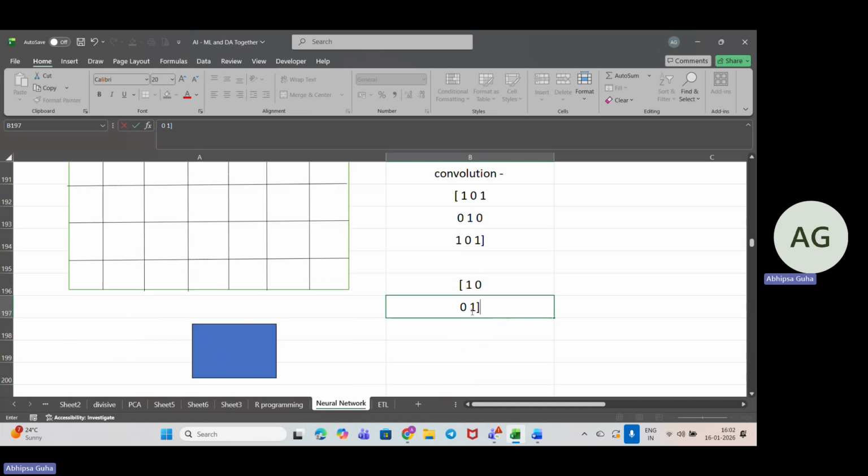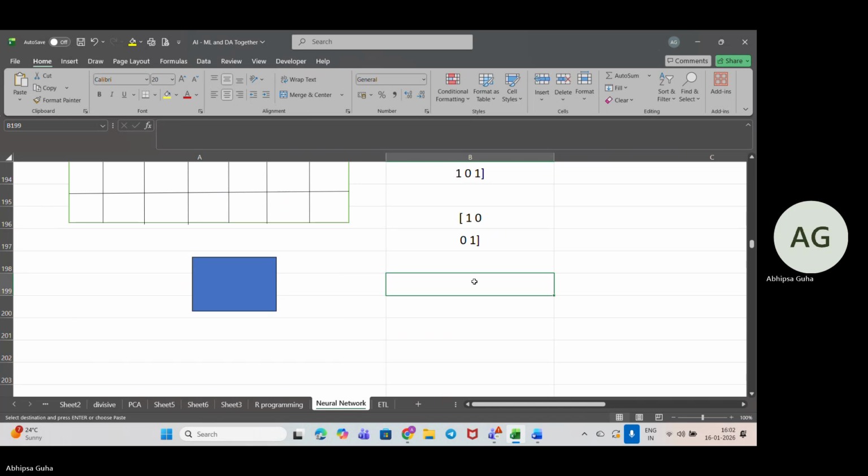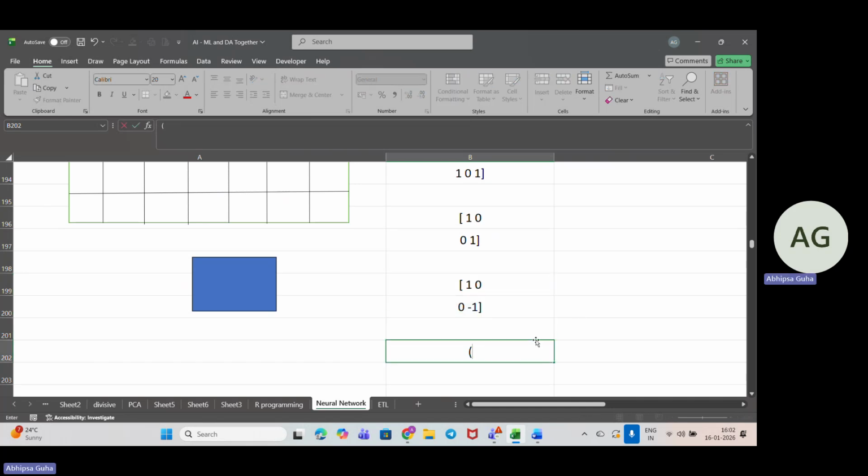I do item to item multiplication, because of the position. 1 with 1, plus 0 with 0, plus 0 with 0, and then 1 with minus 1.